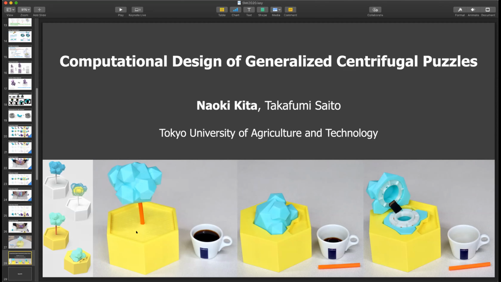So we can say that this is a self-contained puzzle. So I think we can include the support structure in the puzzle.